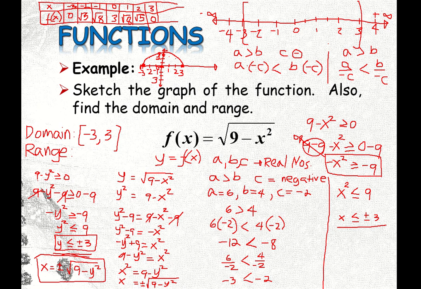Okay, so when y is -1, so square root of 8, it's somewhere here. Okay, then when this is 0, so square root of 9 minus 0, so square root of 9 is 3, so it's here.